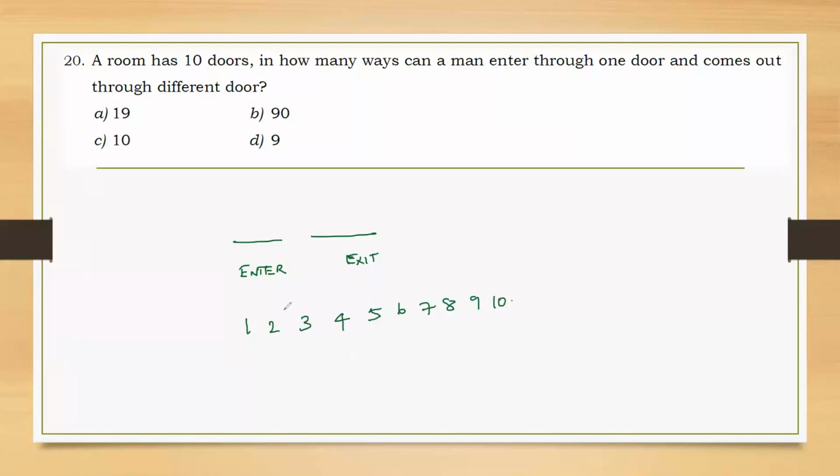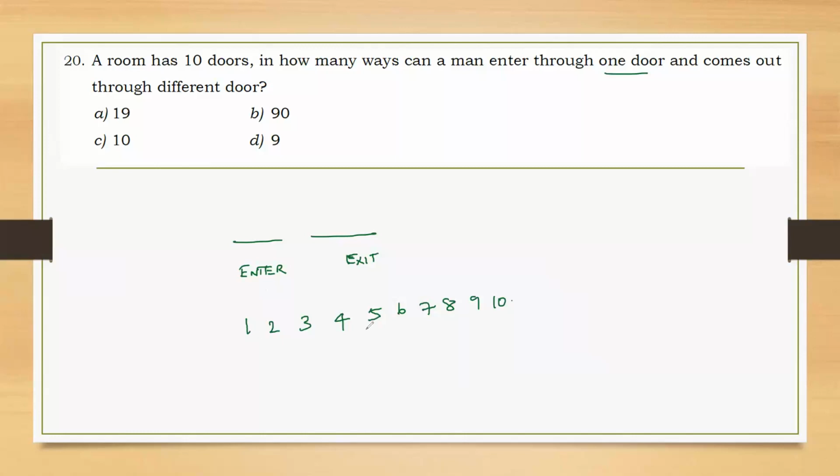In which door will you enter? Any one door, right? They didn't give any condition. You have to pass through one door first. The question is, how many ways can a man enter through one door and come out through a different door?